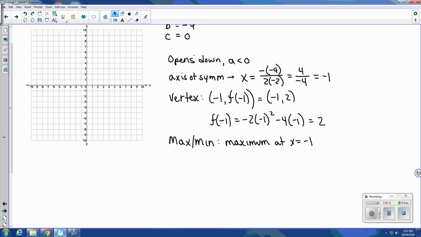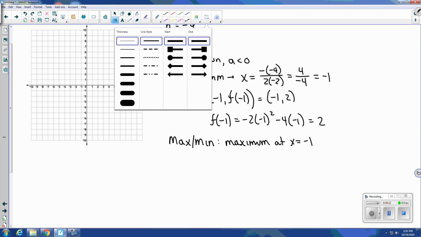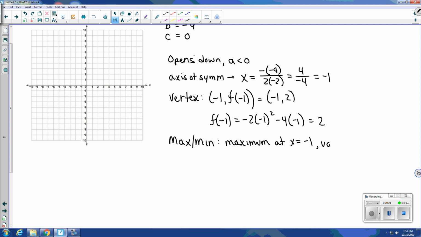So it's whatever the output of the function is where the max or min occurred. So the maximum value is equal to 2.